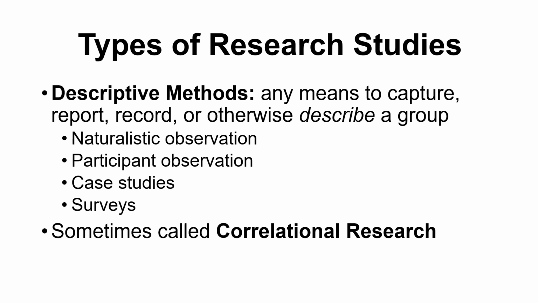So we have descriptive research or correlational research, depending on your source, which is basically where we want to capture, report, record, or otherwise describe a group. So we're trying to describe with descriptive methods. This can include things like naturalistic observation, participant observation, case studies, and surveys.